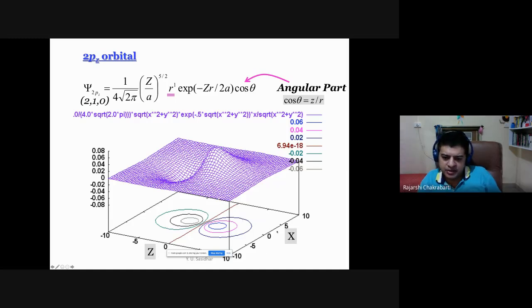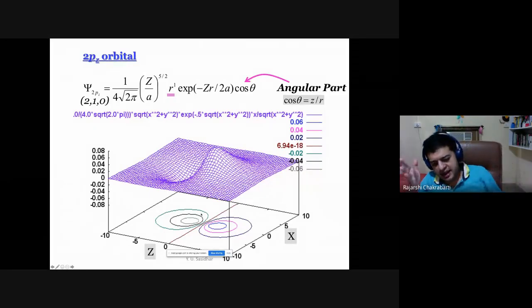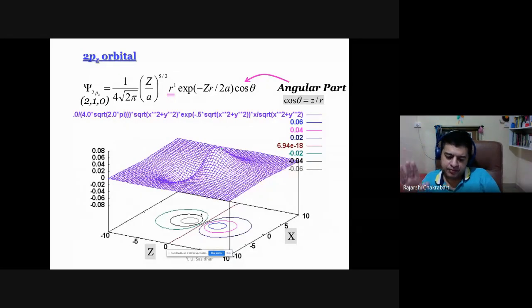This is the XY plane. If this is X, then this direction is Y. So this plane is the XY plane, and along this XY plane you have a node, that is the angular node. On one side of the XY plane you have psi which is positive. On the other side of the XY plane the wave function is negative. So you can put plus and minus, or you can put two different colors.